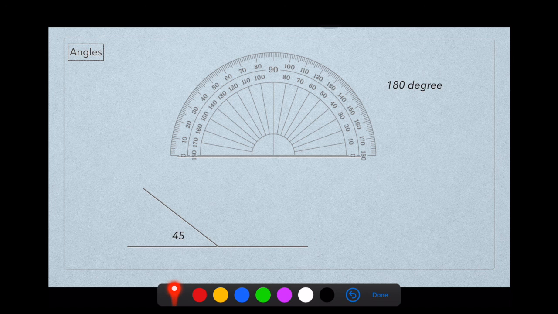And I don't have a protractor either to measure it. So, is there any calculation-based method for me in order to understand what is the measurement of this angle? Could I use my mathematical knowledge in order to find this angle? Think about it, please, before I say it.